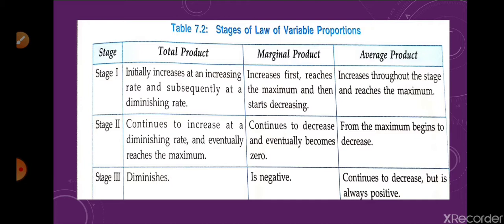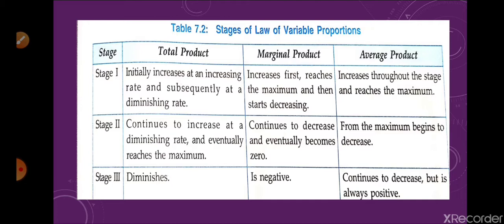And it cannot be negative because TP is going on. TP is having some value, so AP cannot be negative. AP had its maximum limit at 130 in the first stage, and afterwards it starts declining.